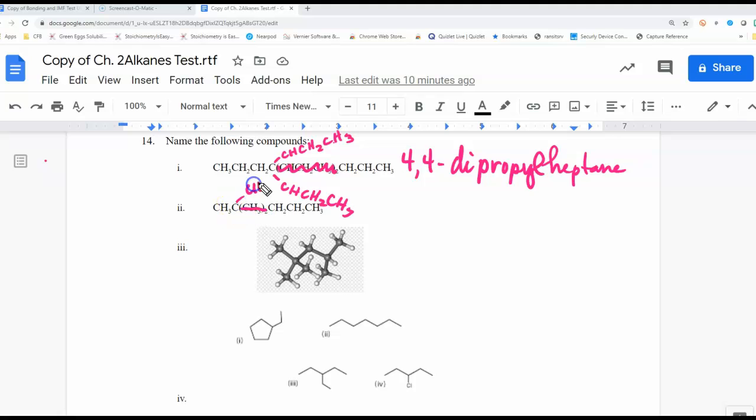Okay, so for my next one, I have the same thing happening again. I'm going to have a CH3 group coming off of that carbon and one here, so I'm going to have 2,2-dimethyl. And my longest carbon chain is right down the middle here. So 1, 2, 3, 4, 5, dimethylpentane. And this one is going to look like 1, 2, 3, 4, 5.